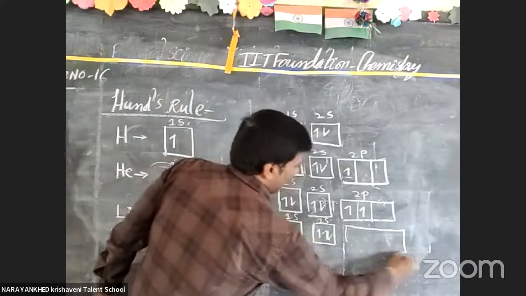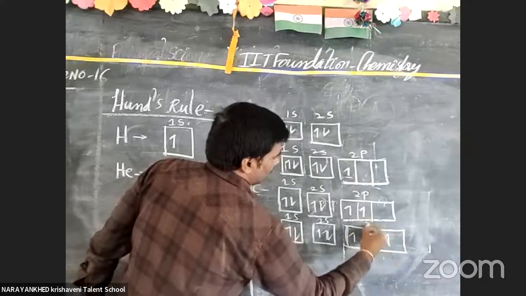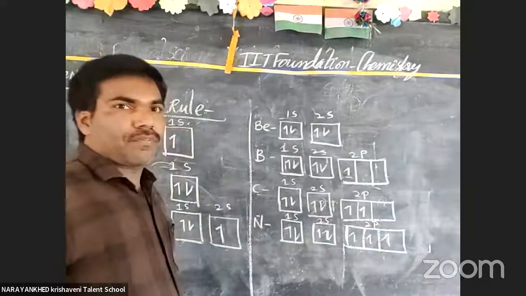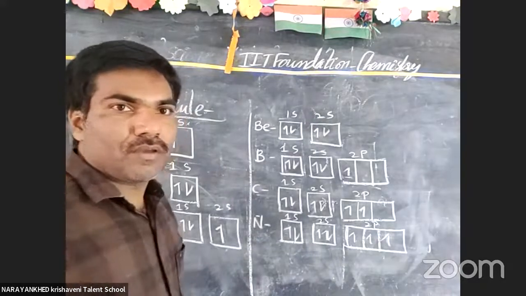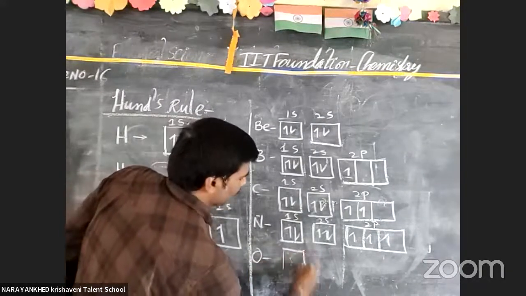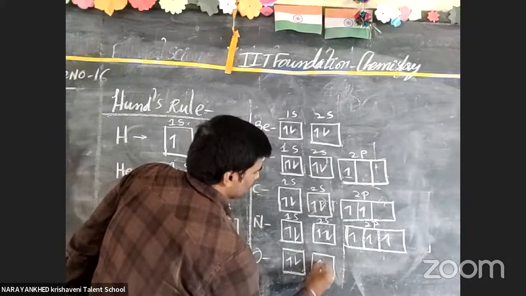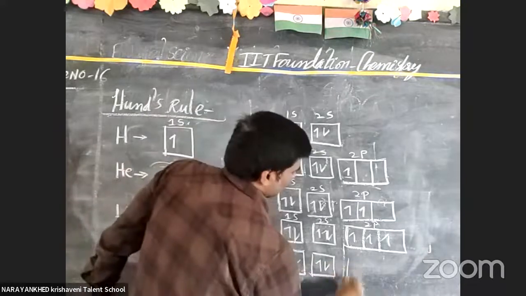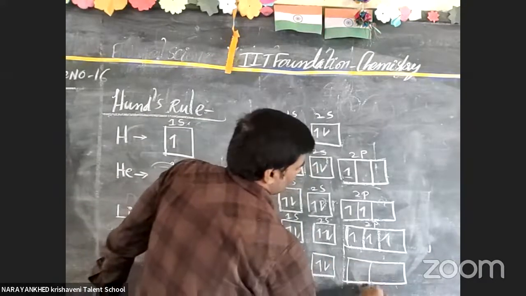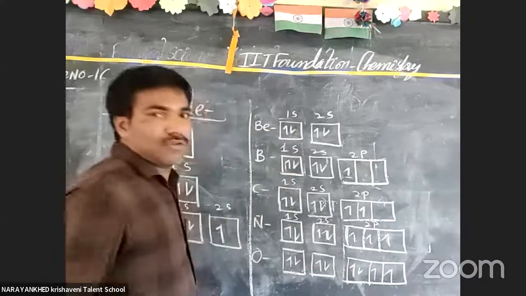Now the 2p electrons are filled like this. Got it? Now there is oxygen, which contains this arrangement.